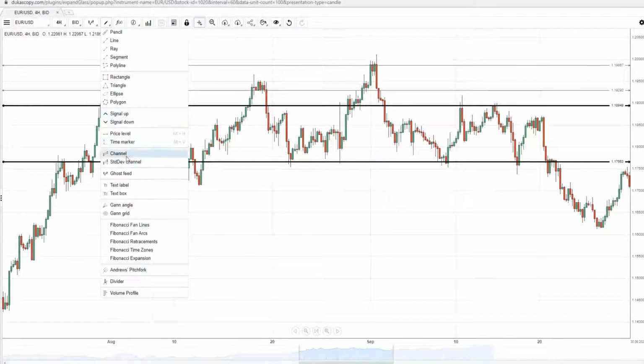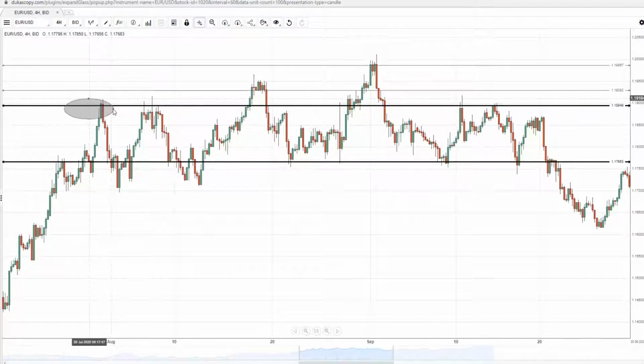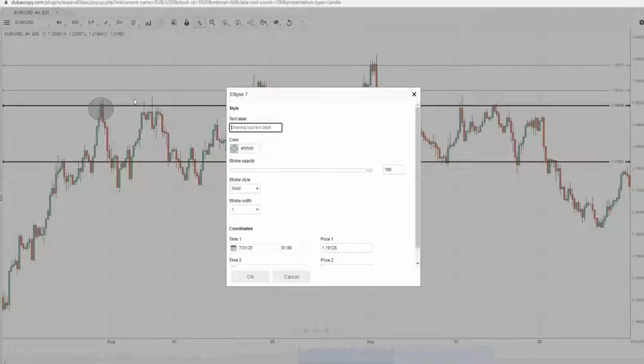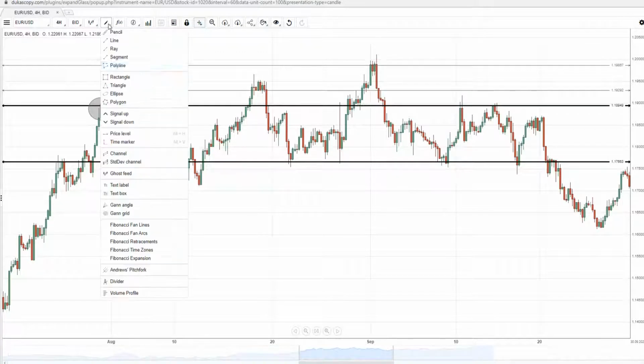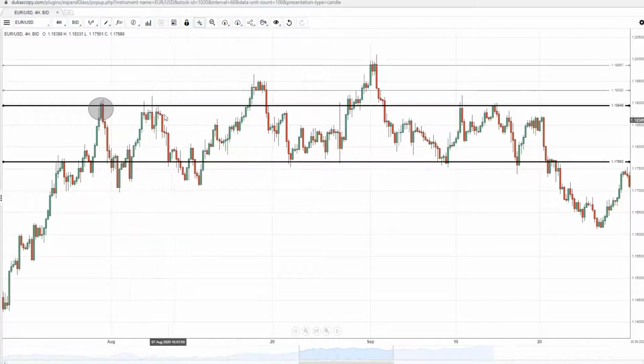So let's take this ellipse. This is the first level that this resistance was holding, right? That was the first time the price came there, it bounced off. This was the second time. This was the third time again. It came here, it broke this level, it came back again, so it was not holding.